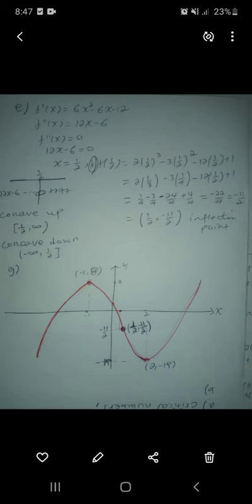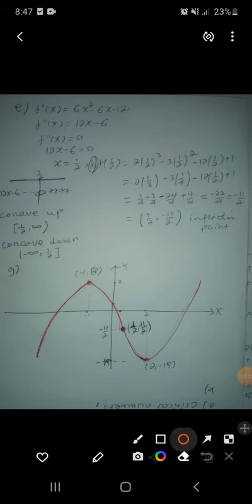Finally, we will have the graph. The graph has a local maximum at (-1, 8), a local minimum at (2, -19), and an inflection point at (1/2, -11/2).